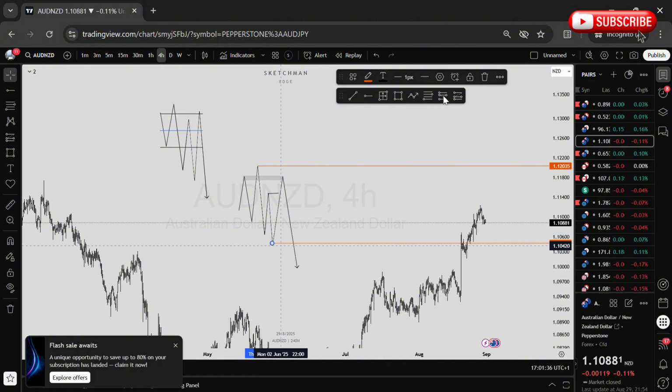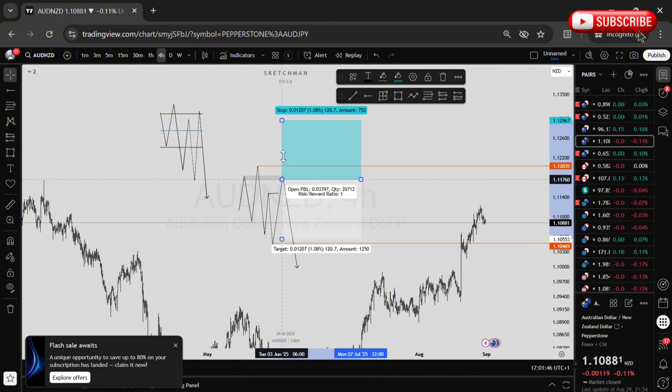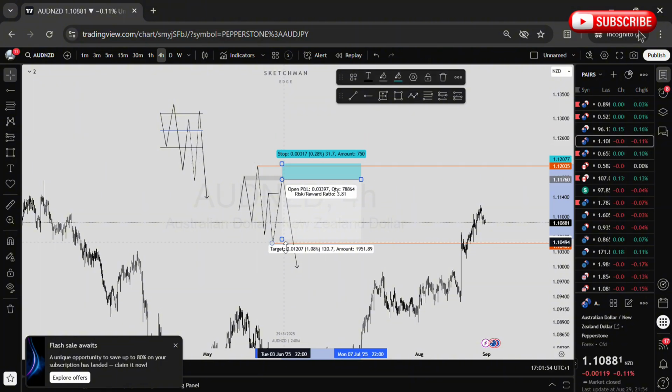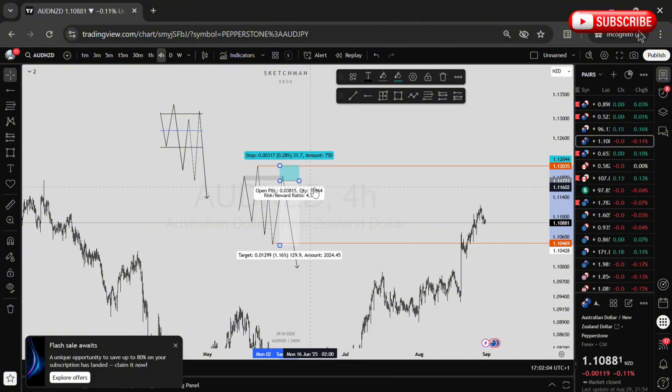So basically you're going to look to take your entry right here. Your stop loss just slightly above the protected high. Take profits basically at the sell side liquidity. So this is basically what your sell setup should look like.